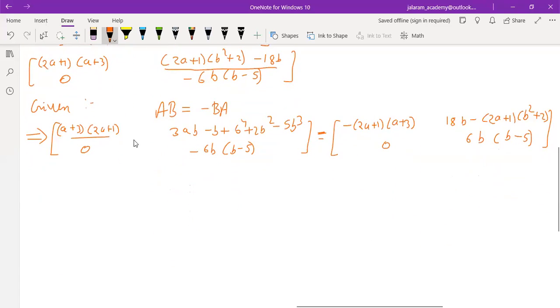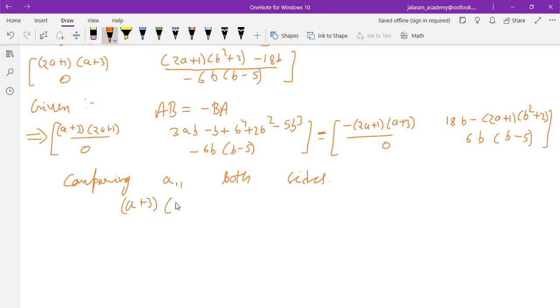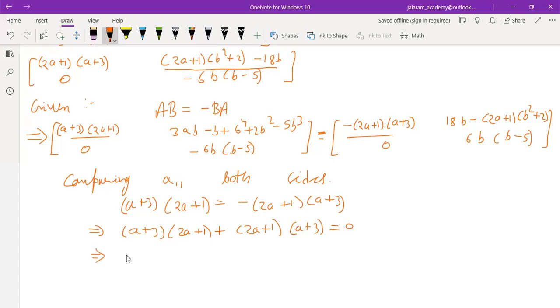So let's compare first element with first element, that is comparing A11, first element of first column. Both sides we get A plus 3 into 2A plus 1 equals to minus of 2A plus 1 into A plus 3. Transfer them to the same side. So A plus 3 into 2A plus 1 plus 2A plus 1 into A plus 3 equals to 0. So 2 into A plus 3 into 2A plus 1 equals to 0.